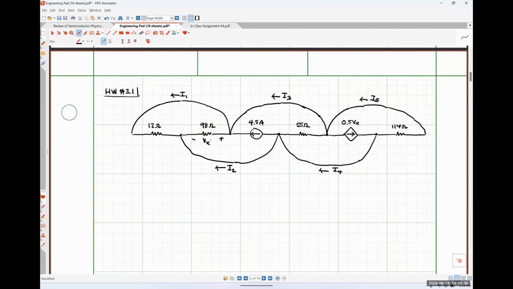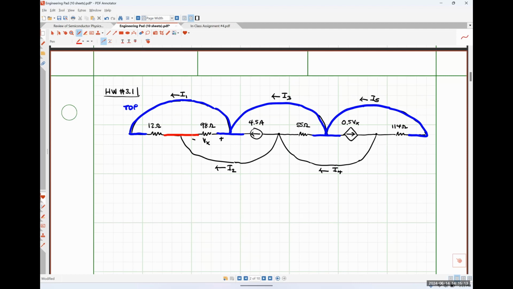So I'm going to do something here really quickly, and I'm just going to identify nodes. So all of that is one large node, which I'm simply going to call the top node.